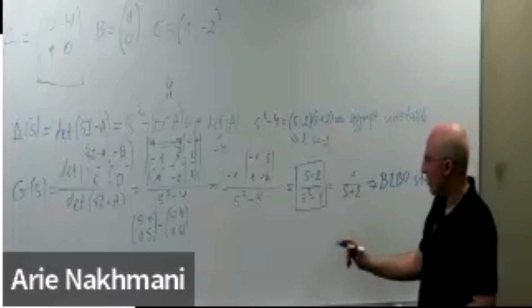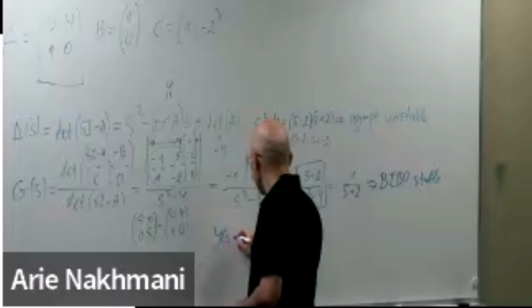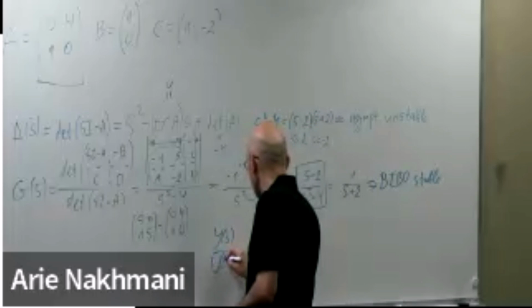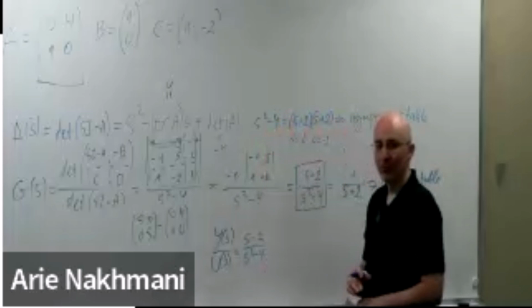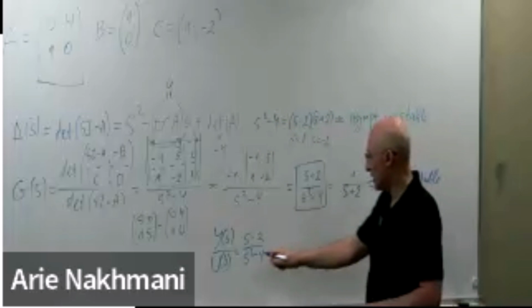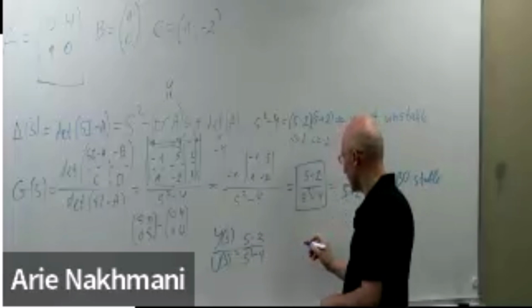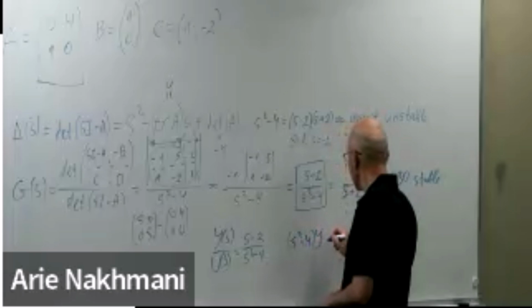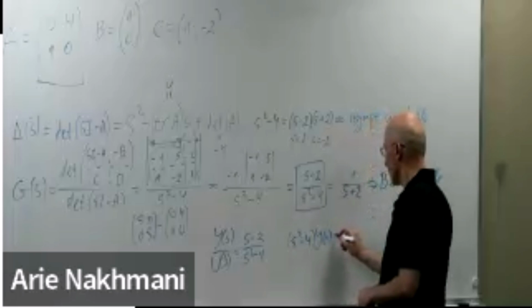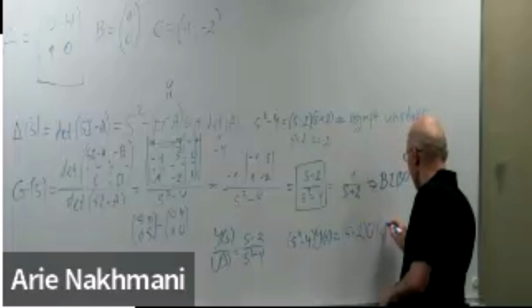So what you actually say is that your transfer function, which is y of s divided by u of s, equals s minus 2 divided by s squared minus 4. Now you cross multiply, if you remember how to get to the ODE from the transfer function. So you get s squared minus 4 times y of s equals s minus 2 times u of s.